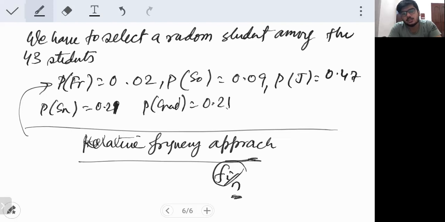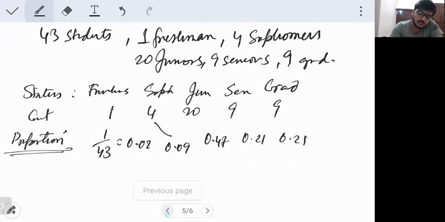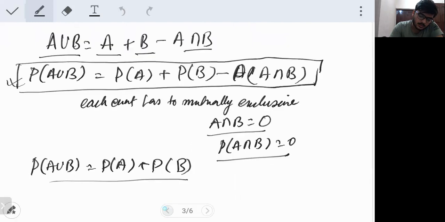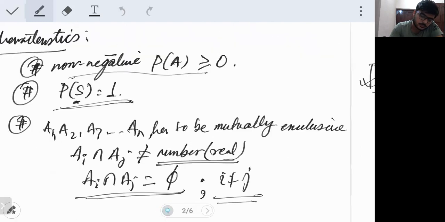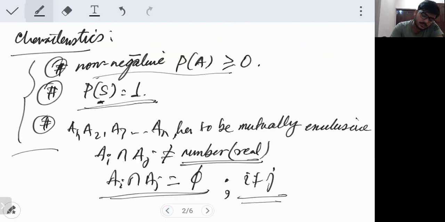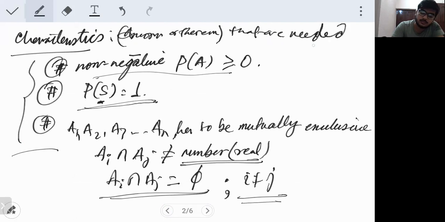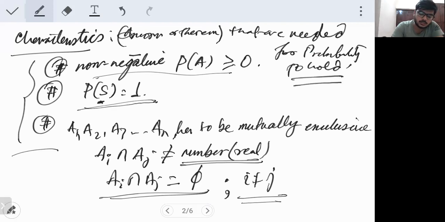Now let's check that each of these three axioms that we studied over here holds. These are the three axioms, characteristics, or say theorems, needed for probability to hold, right?